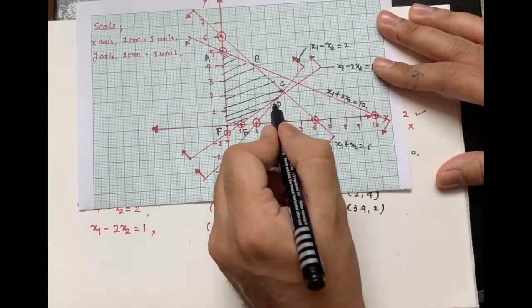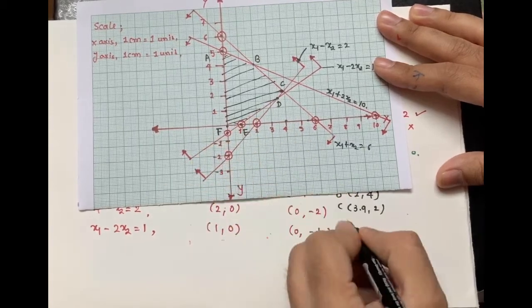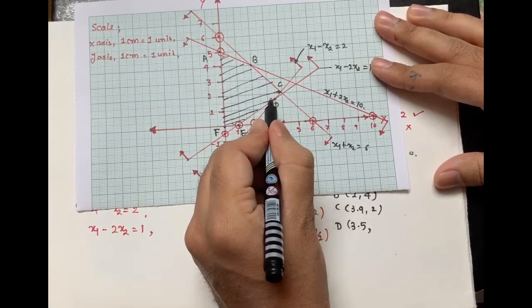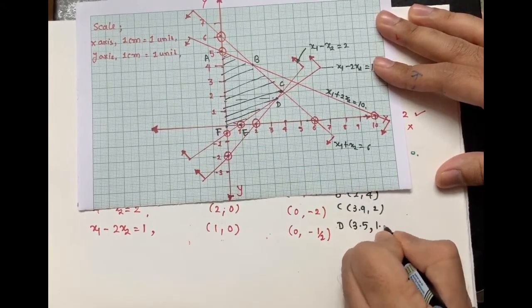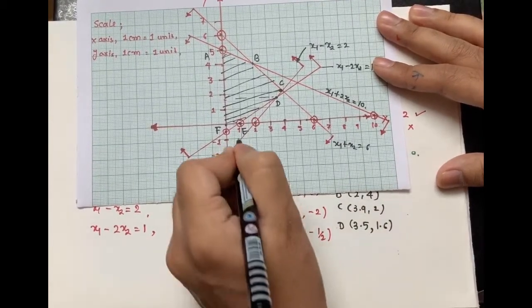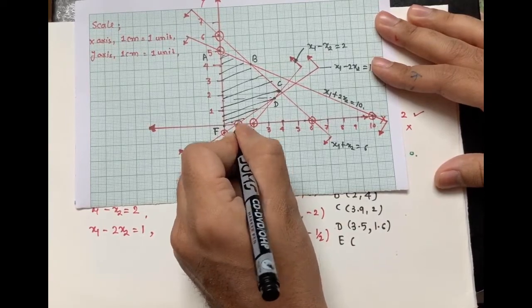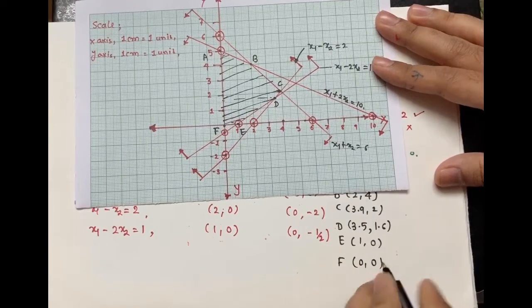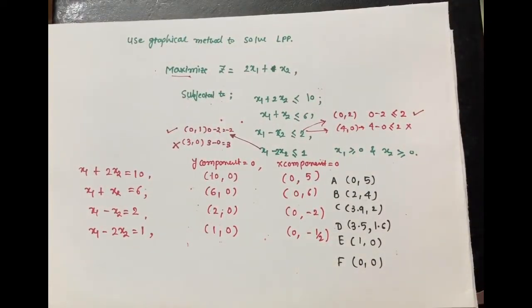For D, it is 3.5 and 1.6. E I am getting as 1, 0 and F is 0, 0.